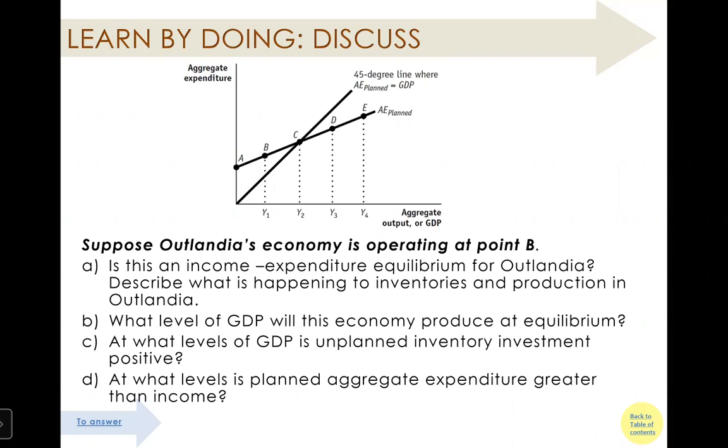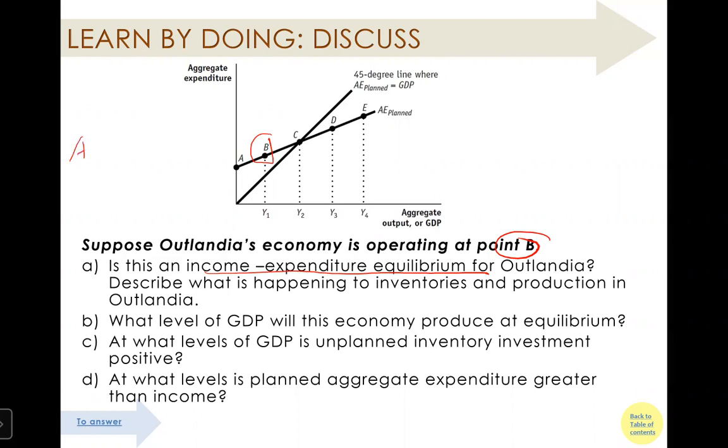All right. So we have this diagram, the diagram we just discussed. Now suppose this economy is currently at point B. There are the following questions. Question number one, is point B at equilibrium or not? It's not, right? So at point B, what happens?